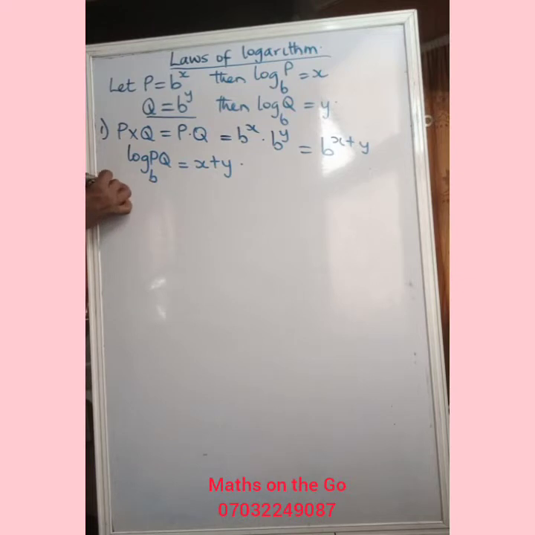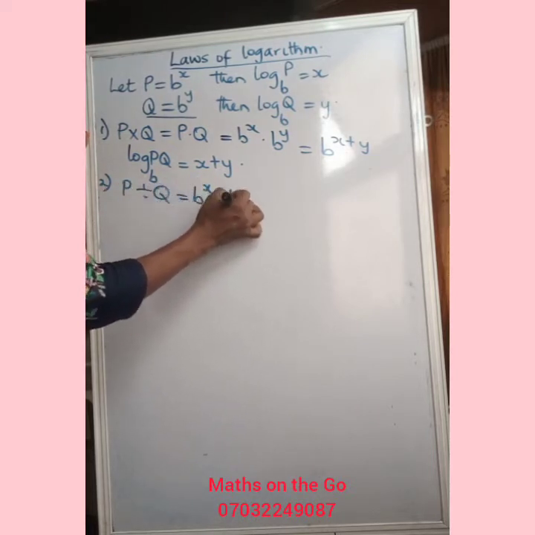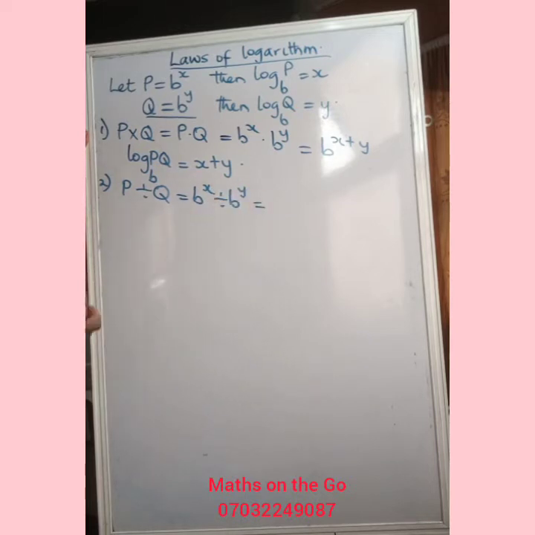Let's go to the second law. Division. P divided by Q will be B raised per X divided by B raised per Y, which equals, you take one of the base, then X. Every division in law of indices will turn to subtraction.